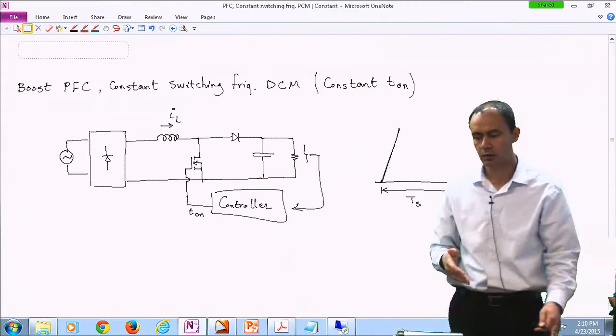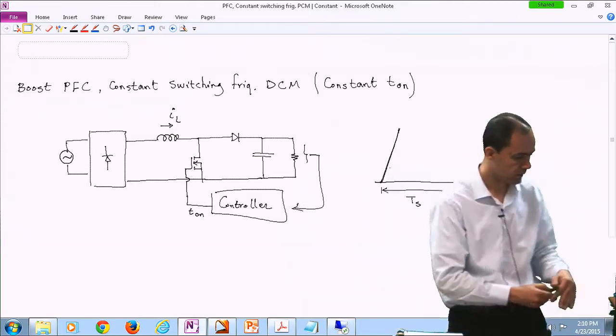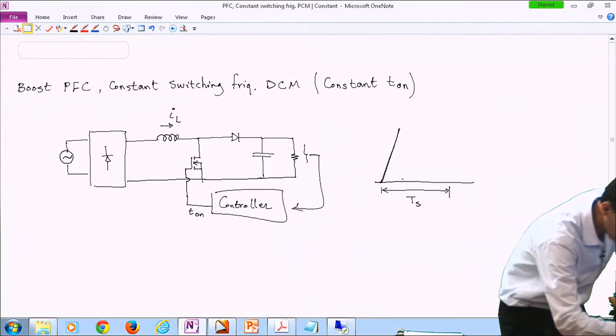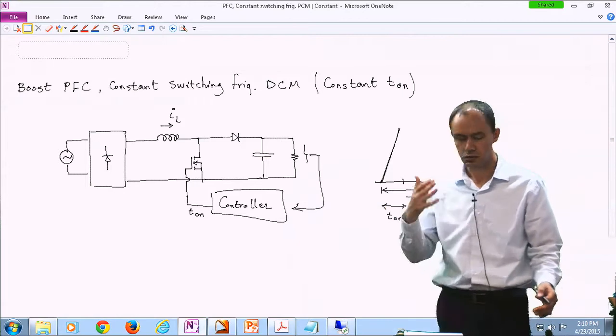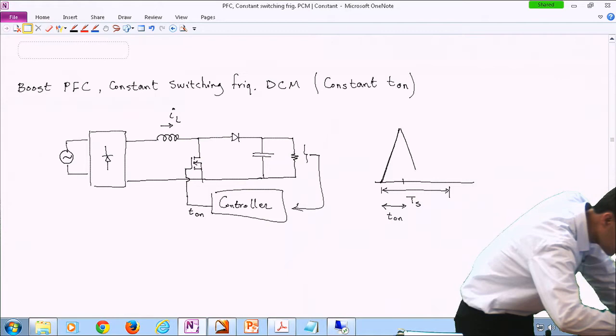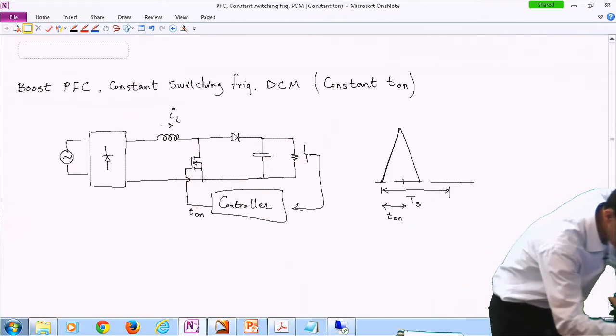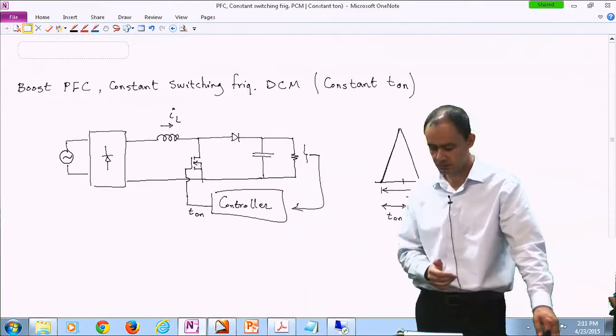In this mode, it's actually the source that is energizing the inductor. Then the value of T on is determined by the controller. And then after T on arrives, you just turn the switch off, and then wait for the next period to start. All right, something very, very simple.